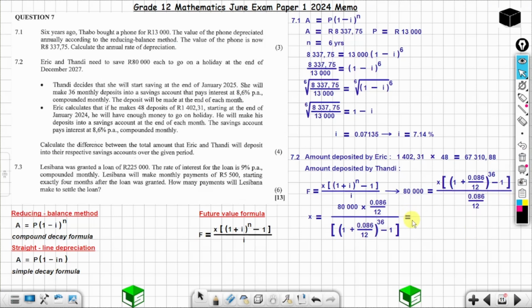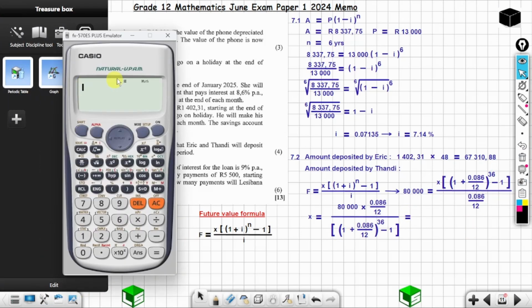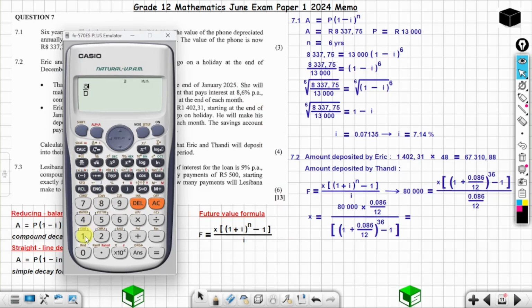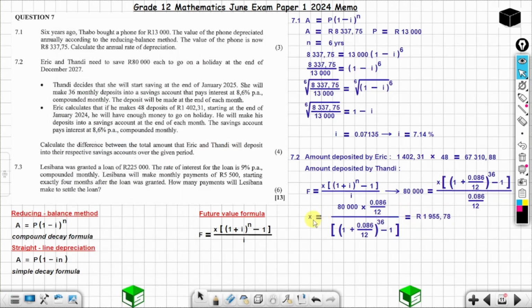X is equal to... so this is X for Tandy.